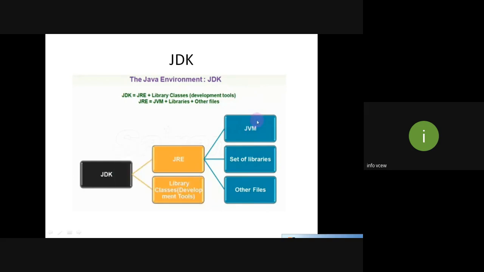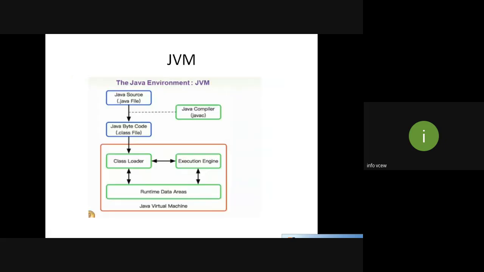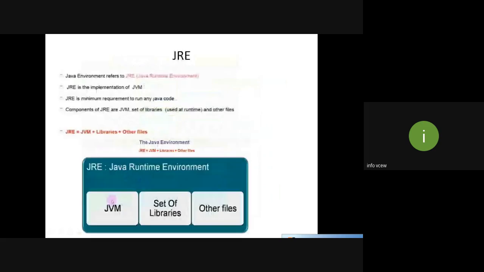Can you understand? JDK is a combination of JRE and JVM, so with the JDK it is possible to develop an application, compile and run your Java program. Yes, ma'am. Let us see the hierarchy, JDK, JRE. JRE can only run your Java program, not develop it. How is running possible?